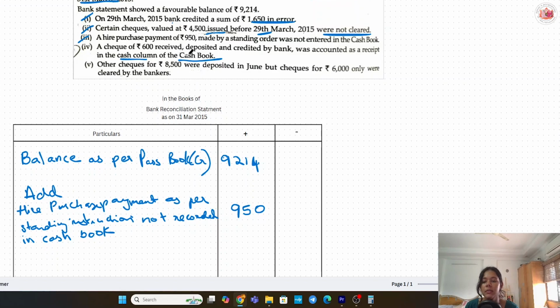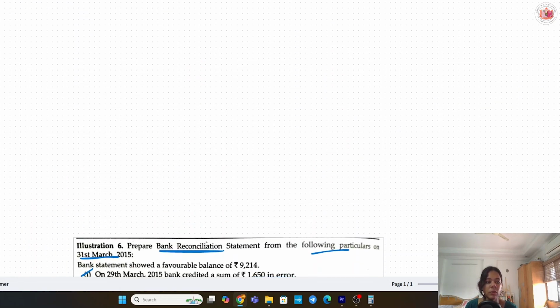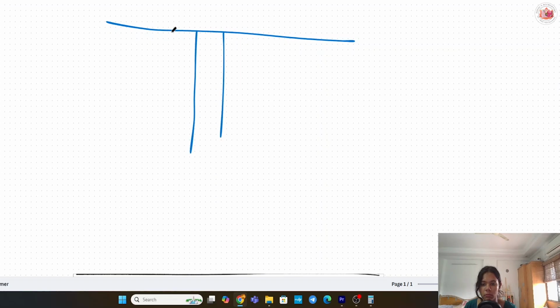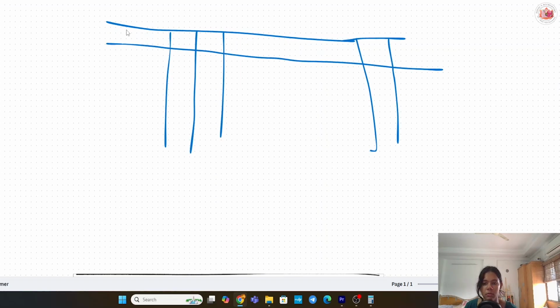What does this mean? Our account holder is following a double entry cash book system. Now he received a check of 600 rupees and he wrongly wrote that in the cash balance, not in the bank book. You'd remember, right? Double column cash book. So this is my debit side, my credit side, double column cash book.